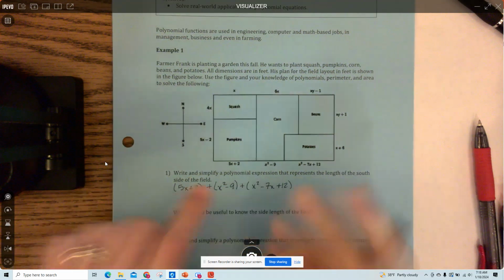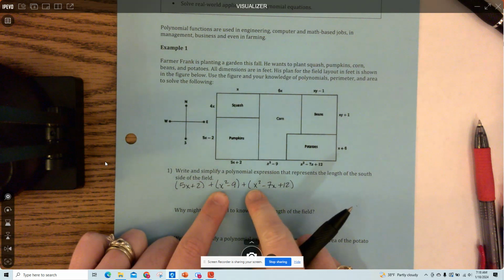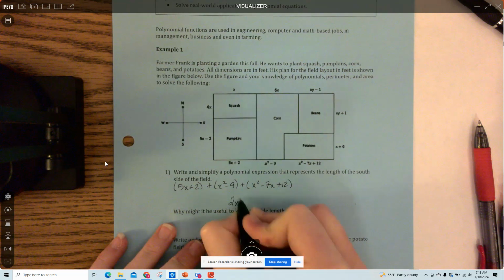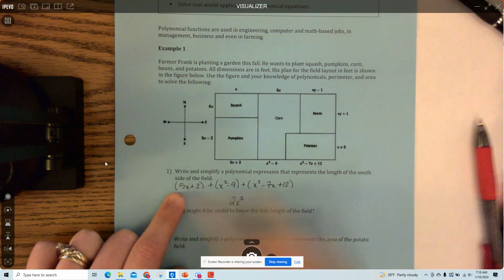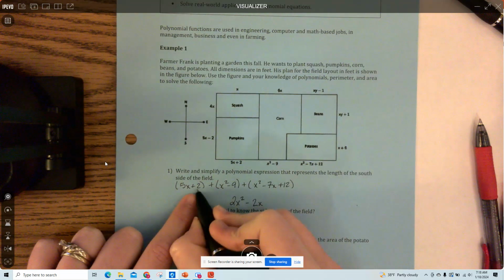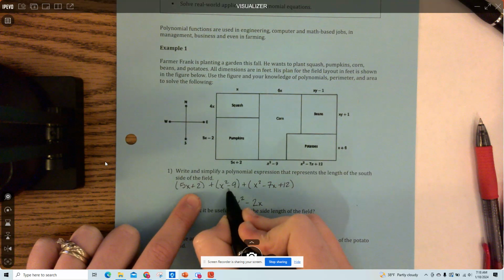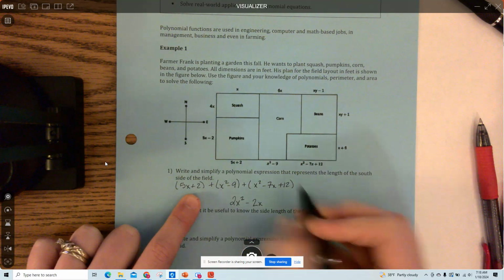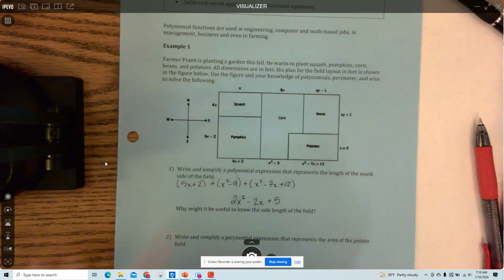All right, so x squareds, I've got two of them, so 2x squared. X is 5x and negative 7x makes a negative 2x. And then constants. Positive 2 and negative 9 gives me a negative 7. Plus a positive 12 gives me a positive 5.